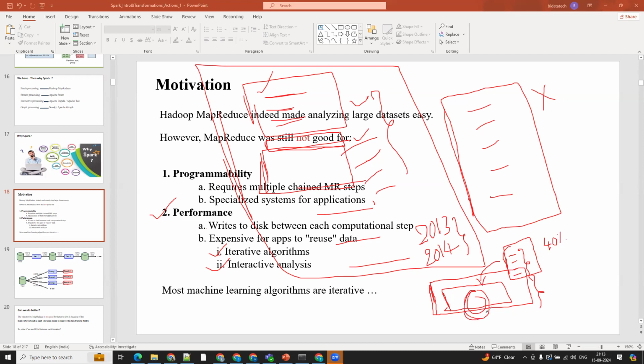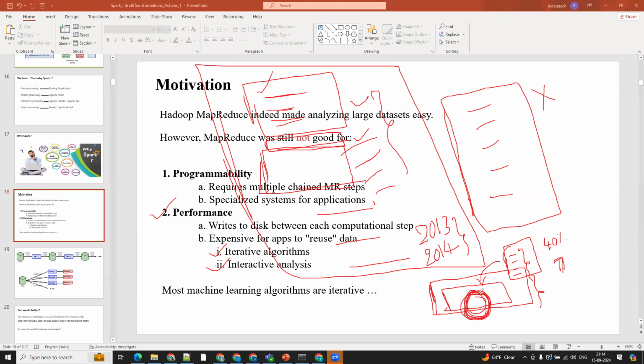Again you apply the algorithm on the data. This time you get, let's say, 70%. Until you get the proper accuracy, you need to keep applying these algorithms on the data. That means every time you have to read the data from the HDFS location and apply that algorithm, and again do the analysis, and if that is not meeting the target, again you have to read the data from HDFS.